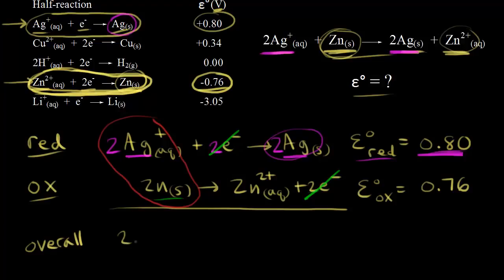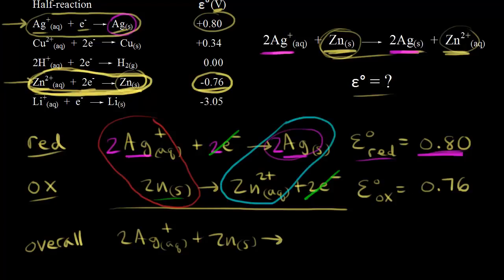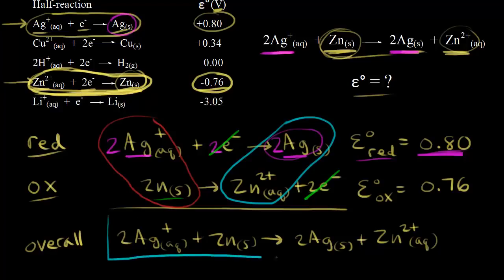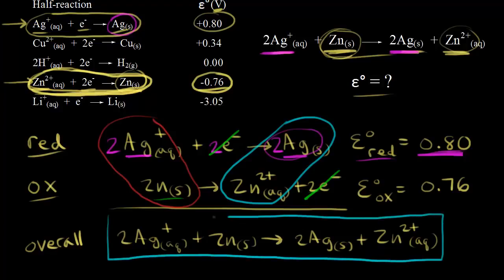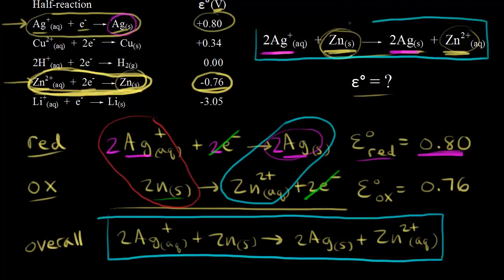So let's write that in here, 2Ag plus solid zinc. And for our products, over here on the right, we have 2Ag plus zinc 2 plus. Notice this is our reaction. If I box this here, this overall reaction that we've just found is the same as what we were given in our problem. So we found our overall reaction.